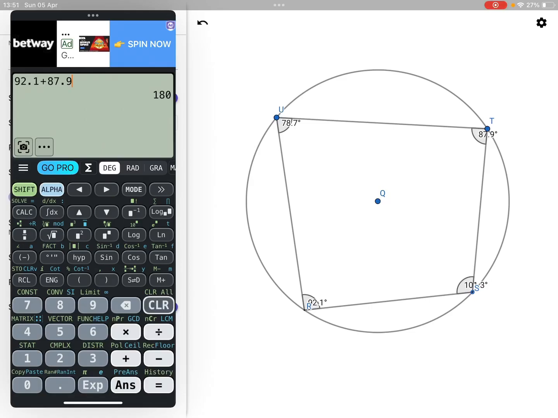Right. So in that case, we're going to have 101.3 plus 78.7. That gives us 180. So it is true indeed that the opposite angles of a cyclic quadrilateral are supplementary.